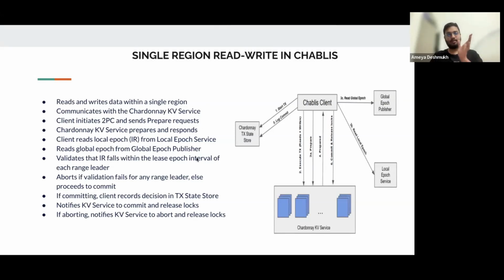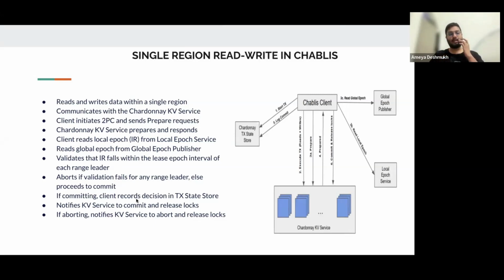After that, it validates that the LR, which is essentially the local epoch, falls within the lease epoch interval of each range leader. Each range leader, as we discussed, has a Paxos log of the various epoch intervals. For example, the interval is 50 to 150, as we've seen in R2, and the LR is 100. All of the replicas agree that since it's 50 to 150 and the current epoch number is 100, the leader is R2.